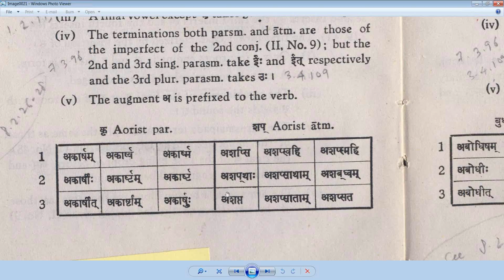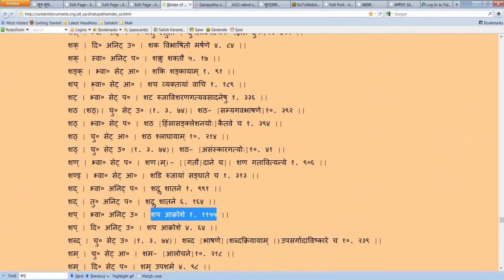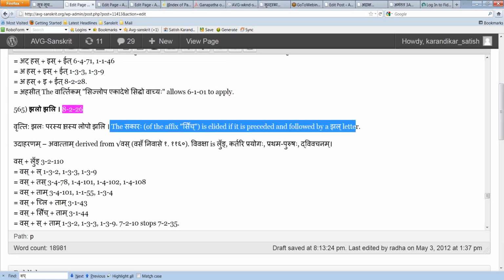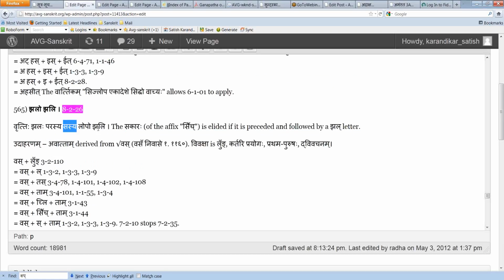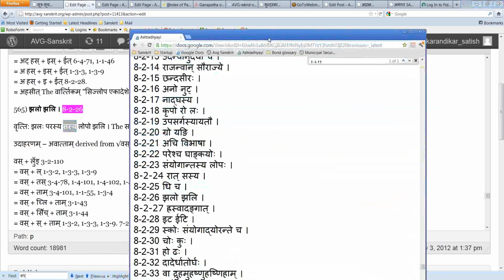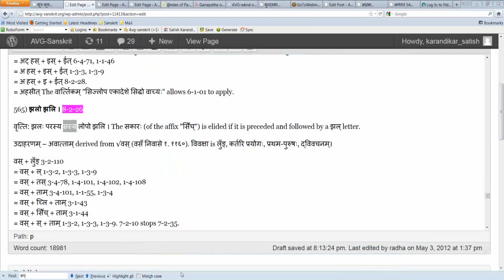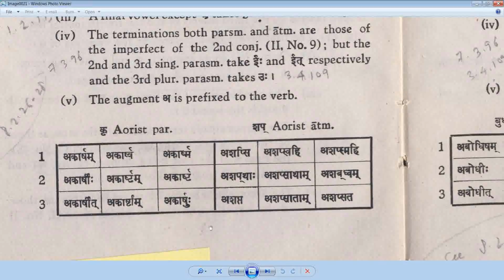But the important thing, make a note of this, is the jalo jali sich lopaha, which we just saw over here. One more time: jalaf parasya sichas sakarasya lopo jali. Jalo jali. So this is right above the sutram. Please make a note in the book on this page that jalo jali is to be used over here.